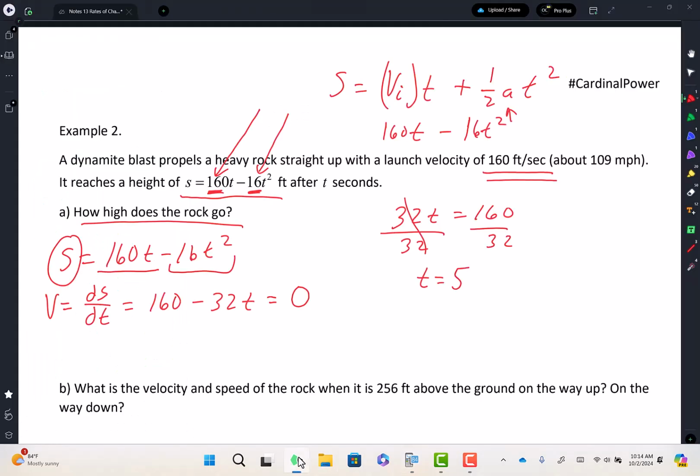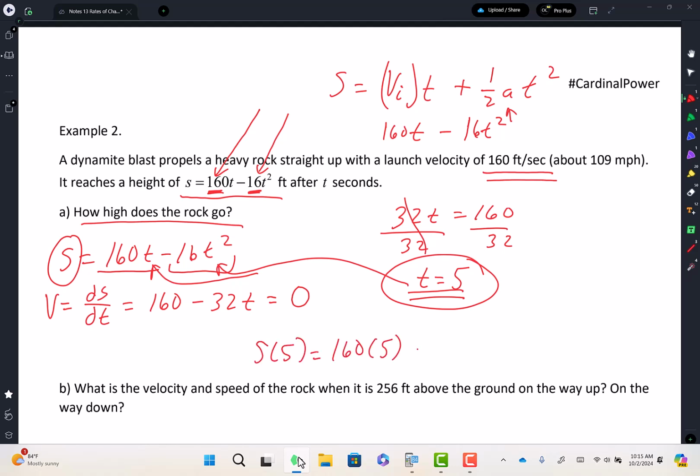Are we okay? Now that I know, I haven't answered the question yet, guys. Now that I know that the time is 5, I plug this back in here to see how high the rock went. Because this is a model that tells me how high the rock goes. So I'm going to write s of 5 equals 160 times 5 minus 16 times 5 squared.